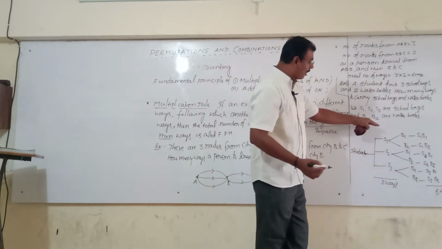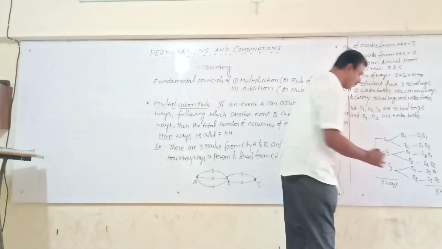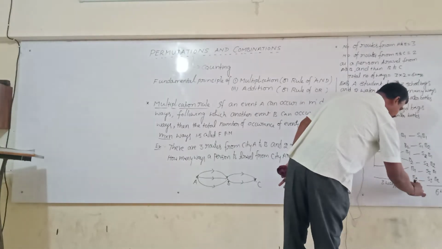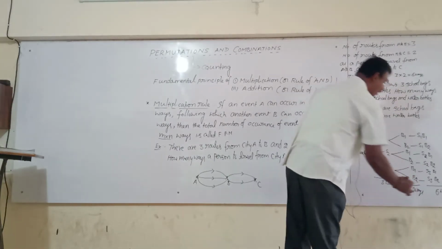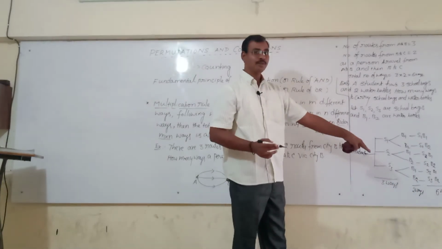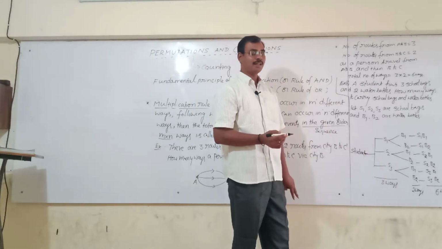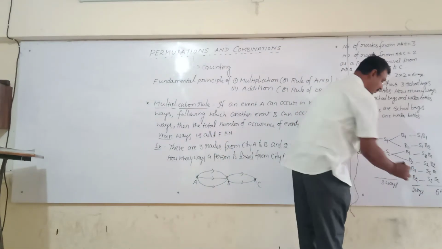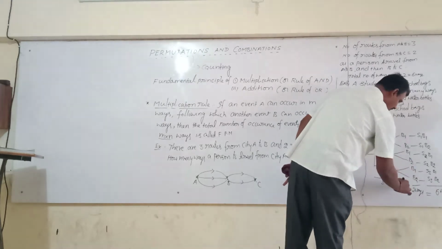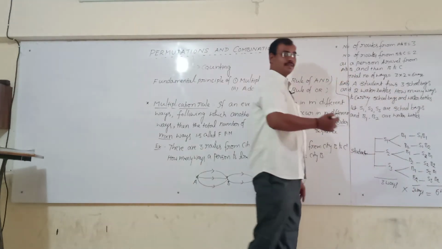But here, how many water bottles are there? 2 ways. So 6. What do I do, add or multiply here? This 6 is equal to 3 into 2 ways.